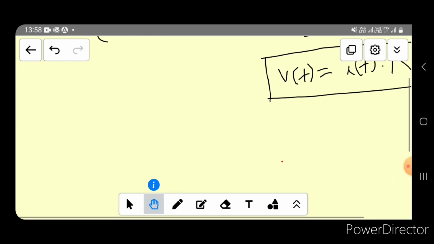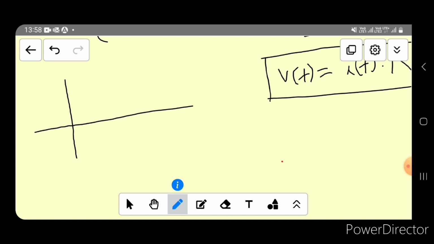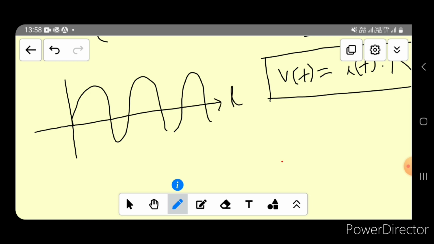Let's see it graphically. Suppose this is our voltage signal V(t), which depends upon the independent variable time t, and this is our dependent variable V(t) that varies according to time t.